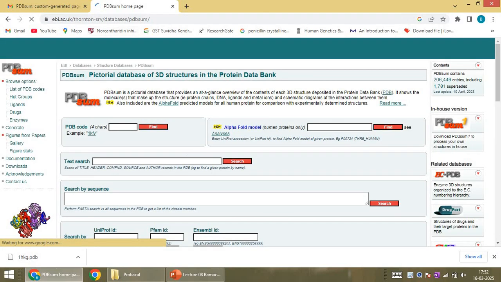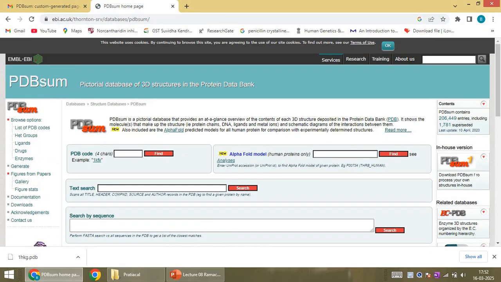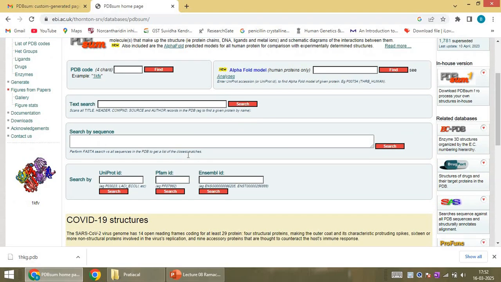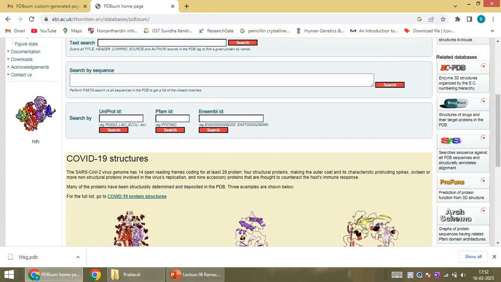This is the home page of PdbSum. Here we search our target molecule from PDB code, from AlphaFold model, from text search, from search by sequence. We can also put the UniProt ID, PFAM ID or ENSEMBL ID to search our target molecule.